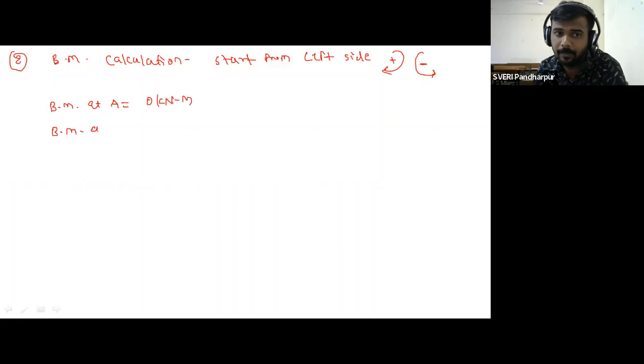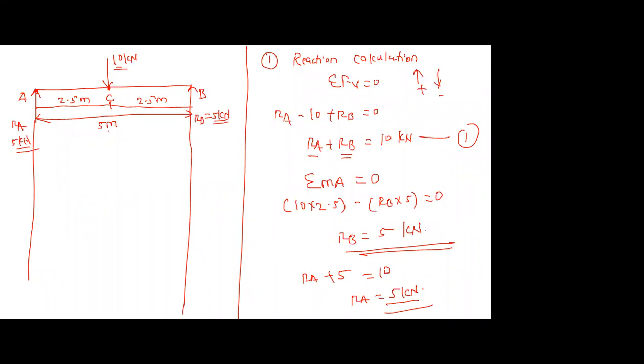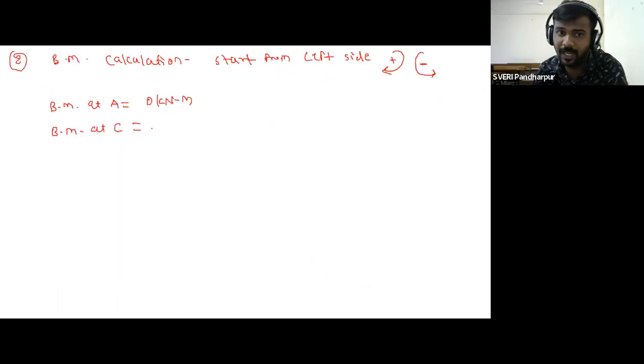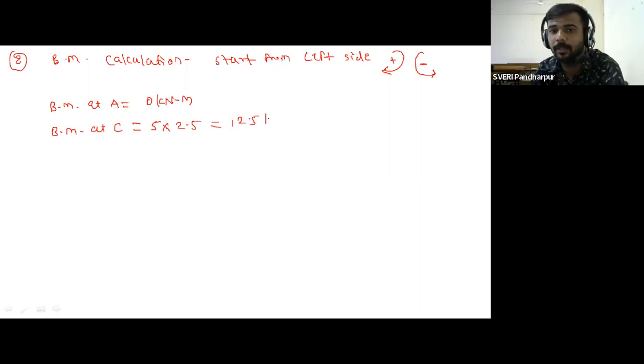BM at C. How many forces are there? BM at point C. Point C ला काढतो आपण. There is only one force. What is that? 5 into 2.5 equal to 12.5 kilonewton meter.